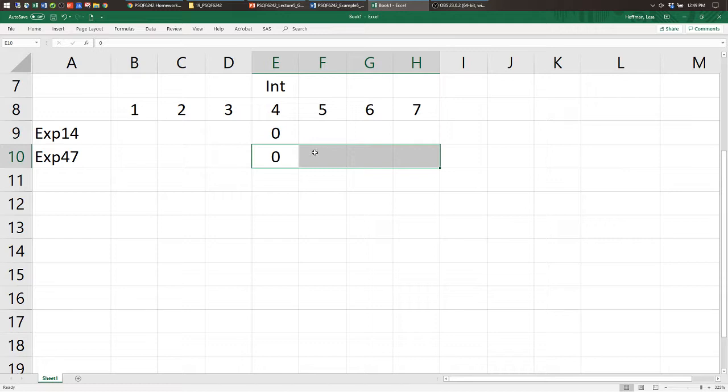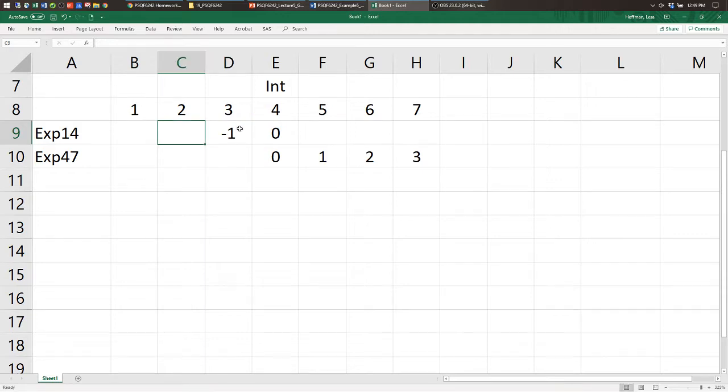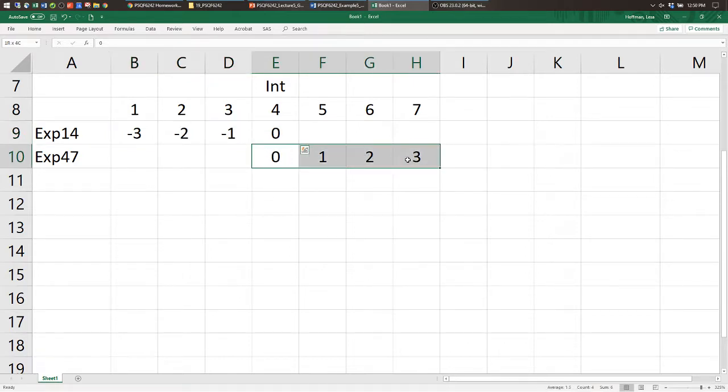So we'll do this one first. After 4, we go 1, 2, 3. Before 4, we go backwards: -1, -2, -3. Now to make sure that the first slope captures only this part and the second slope captures only this part, it needs to be shut off in terms of its values.